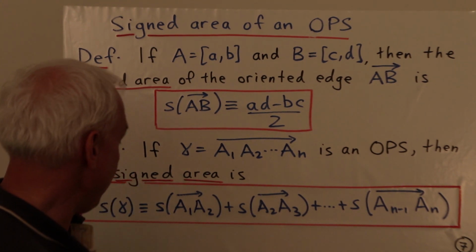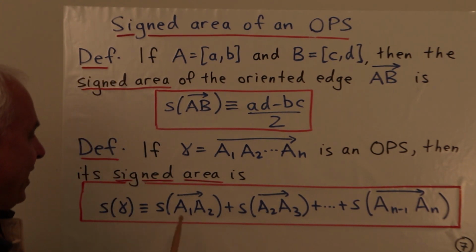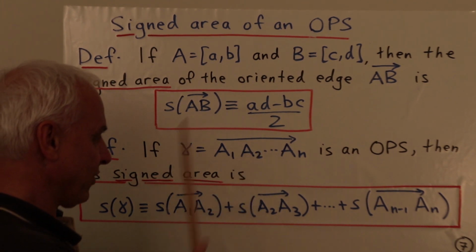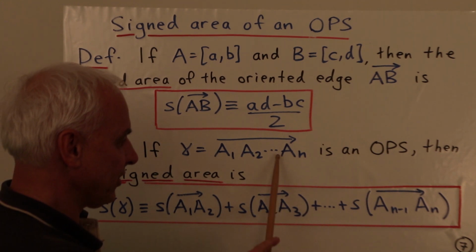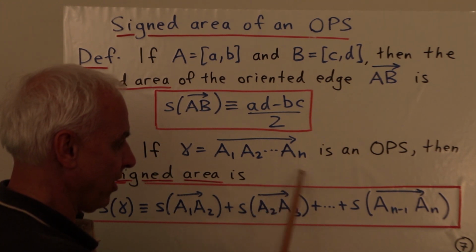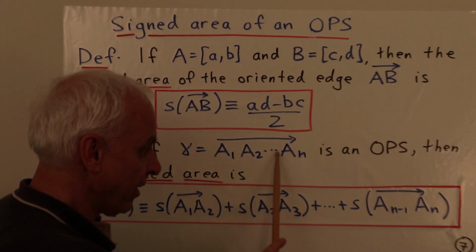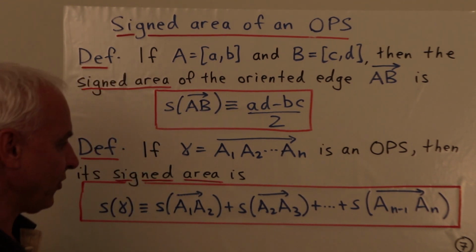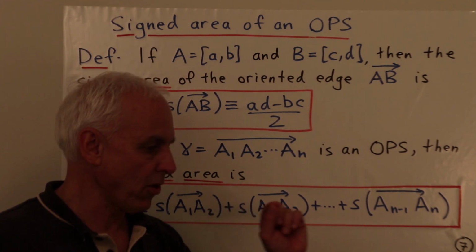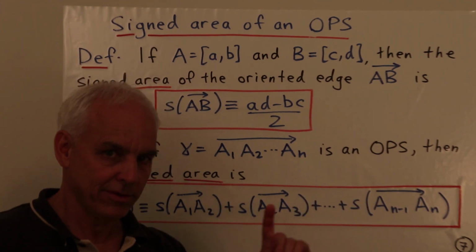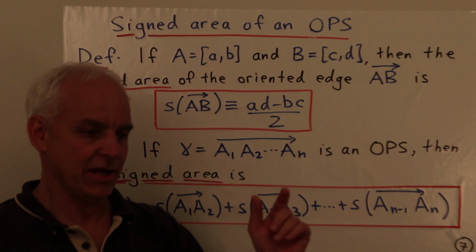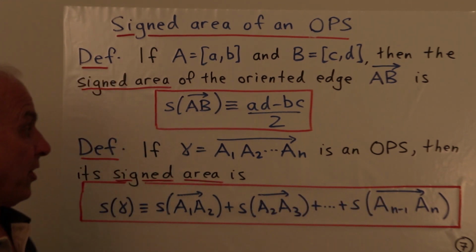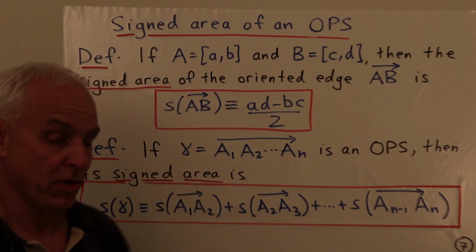So S of gamma is the signed area of A1, A2, plus the signed area of A2, A3, and so on, all the way up to the signed area of the last pair, AN minus 1, AN. Okay, so we're just going through all the oriented edges in order and adding up all the signed areas of the oriented edges to give us the total signed area of the OPS gamma.